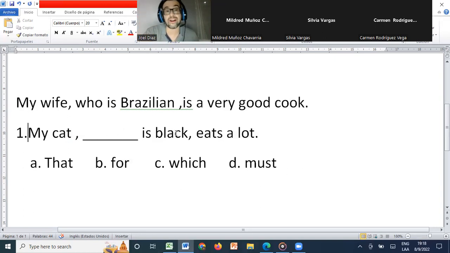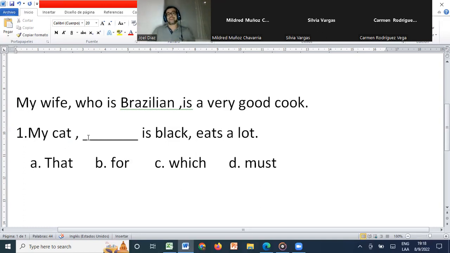Why? Because we have here a comma and a comma. Right? So remember, for a non-defining clause, we cannot use that for things. So in this case, it is which.